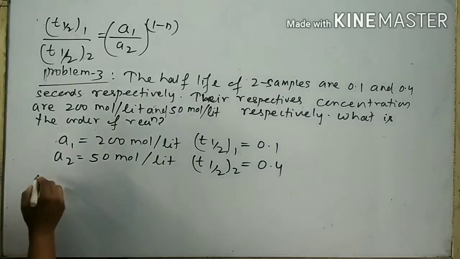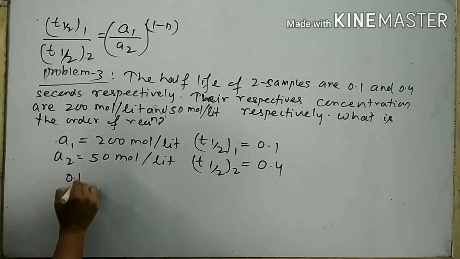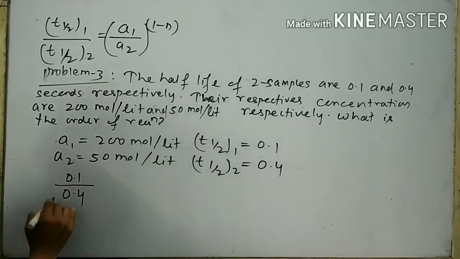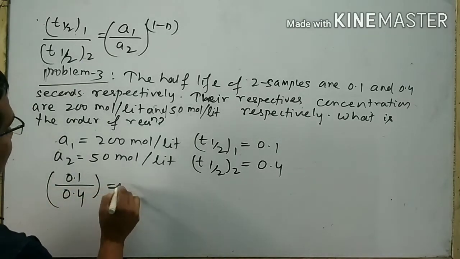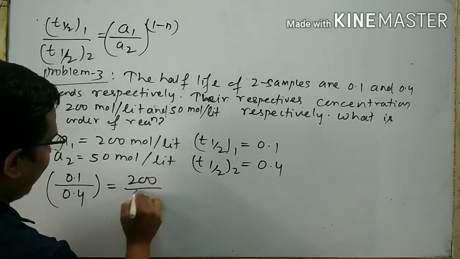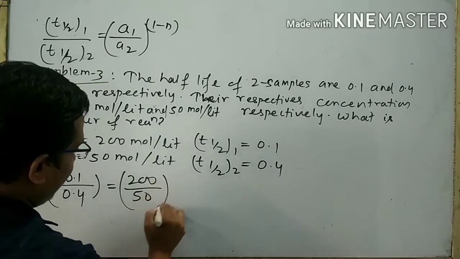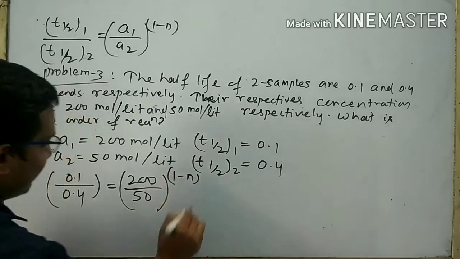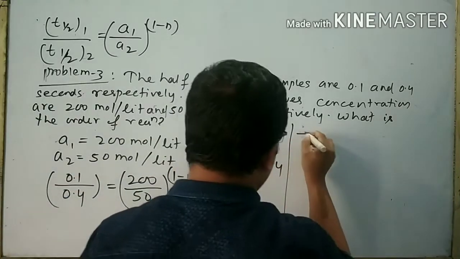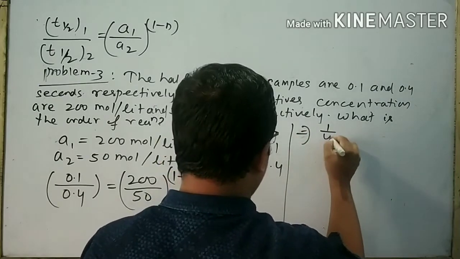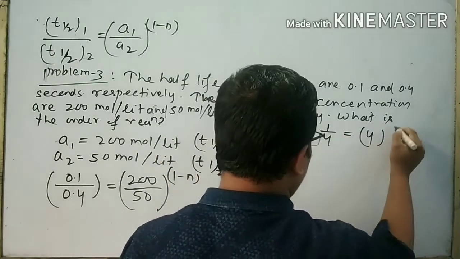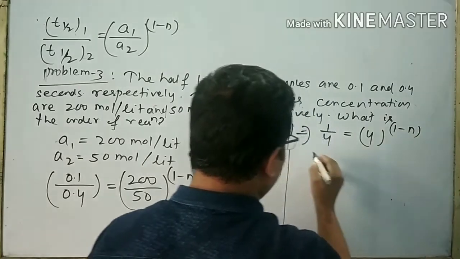Then we can write 0.1 divided by 0.4 equal to 200 by 50 to the power 1 minus n. Now solve this, then we can write 1 by 4 equal to 4 to the power 1 minus n.